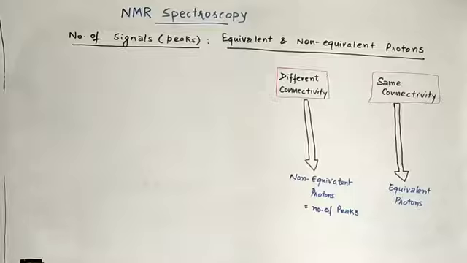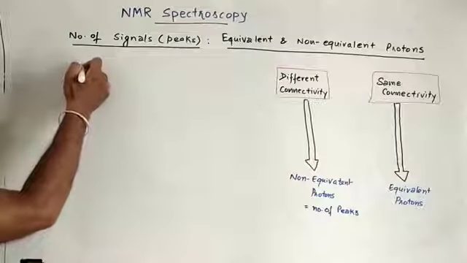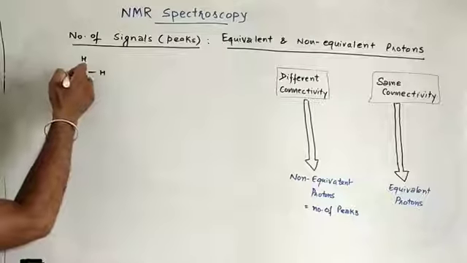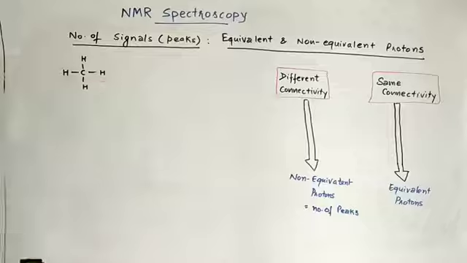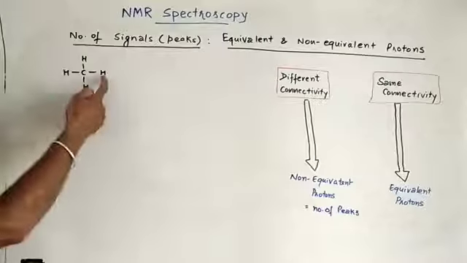Let's see with a lot of examples. For example, the first compound is methane. There are 4 protons and all the protons have the same connectivity. You can see all the protons are connected to carbon.